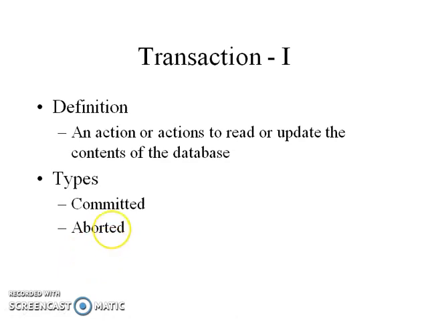A committed transaction cannot be aborted. However, an aborted transaction, that is rolled back, can be restarted later and, depending on the cause of the failure, may successfully execute and commit at that time. So these are the two types of outcomes of any transaction.